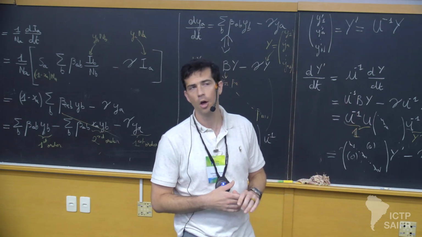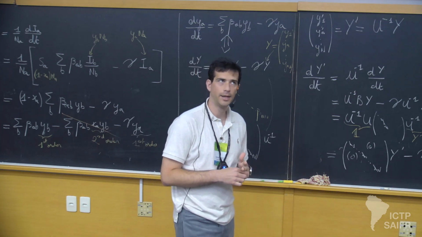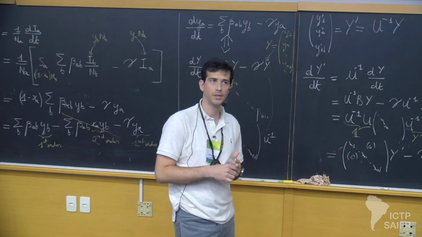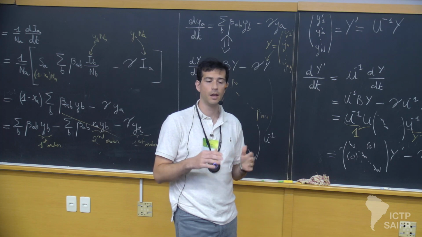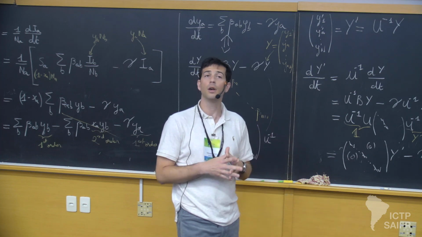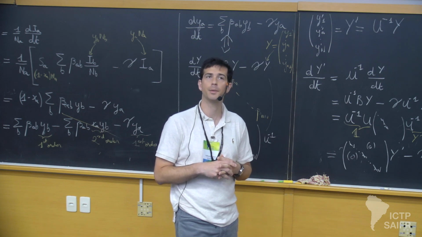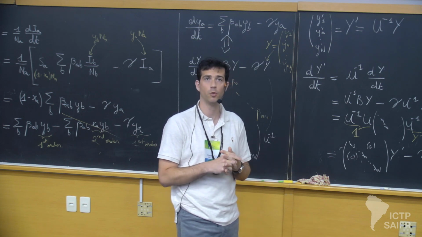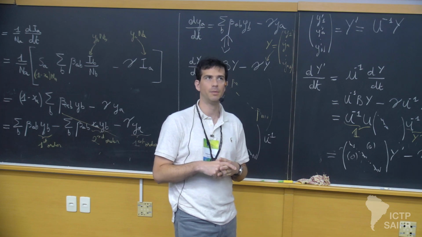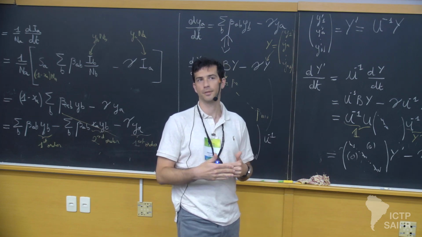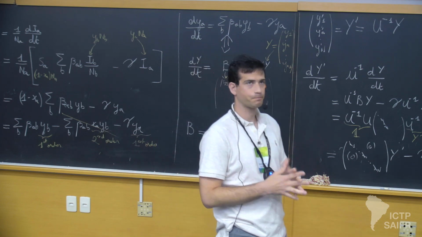But maybe, as I said before, you don't really have that matrix and you want to see it as a random matrix element. Then you want to know the statistics of the maximum eigenvalue. This will tell you the chances that an epidemic will grow, or that it will die out, or that it won't start.